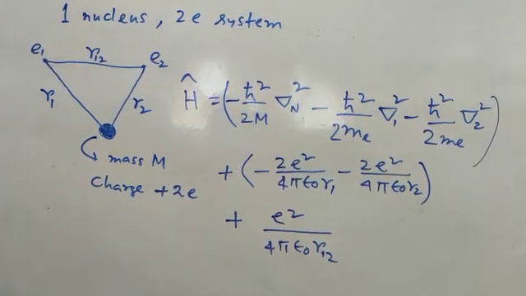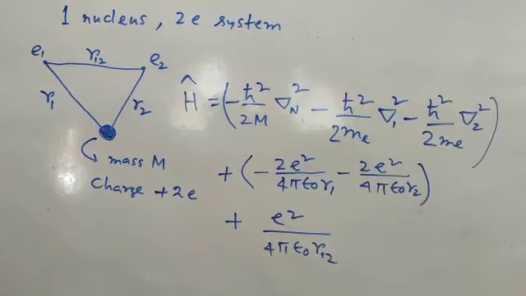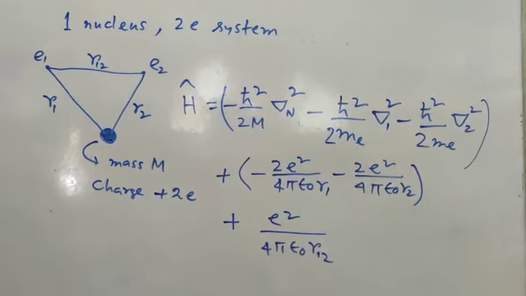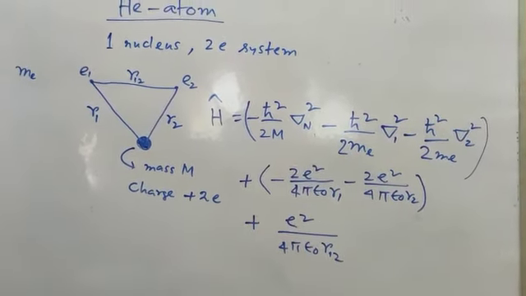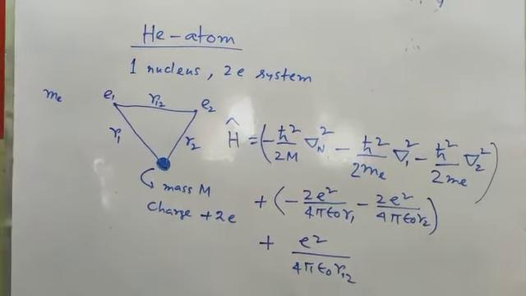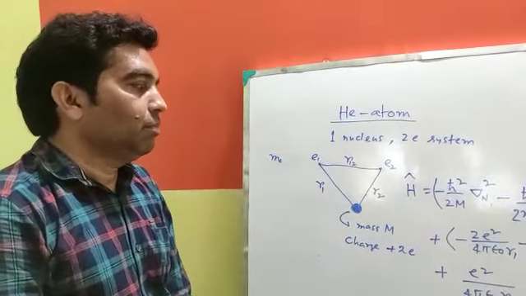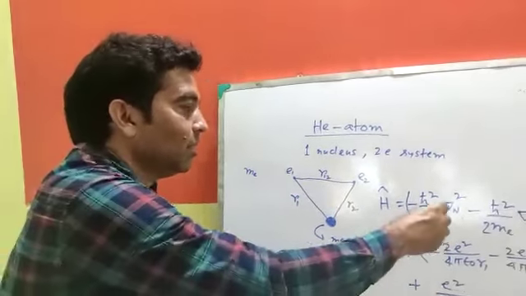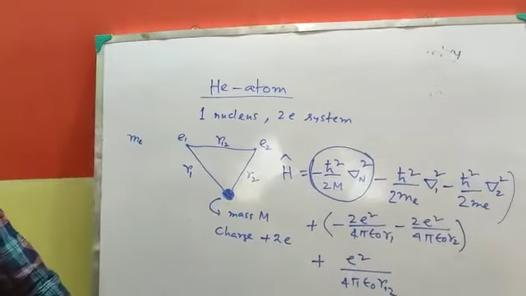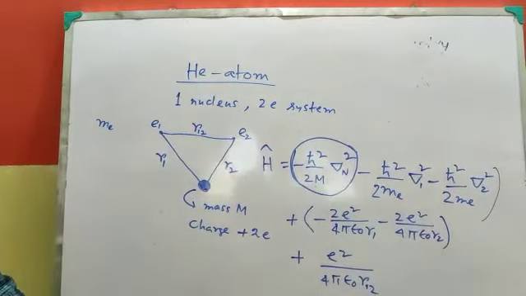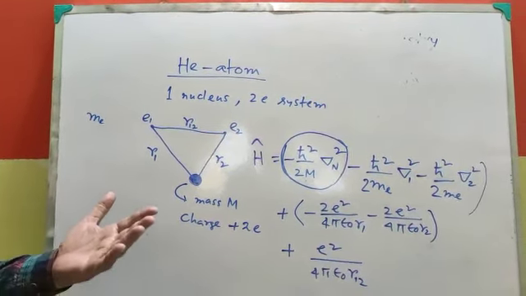Okay, so this is the total Hamiltonian for the helium atom system. Now we already know that the Born-Oppenheimer approximation is a very good approximation for atomic and molecular systems, and it says that the kinetic energy operator of the nucleus, where the mass of the nucleus arises in the denominator, is negligible, as the mass of the nucleus is very high.